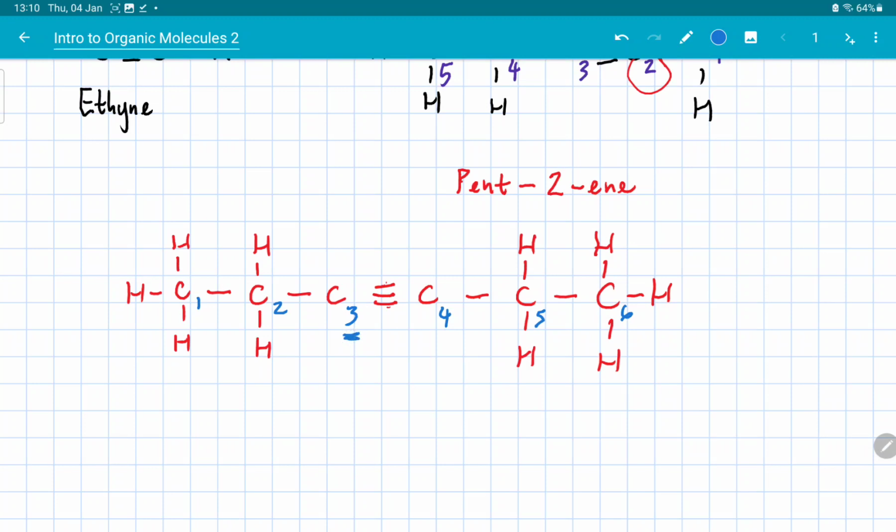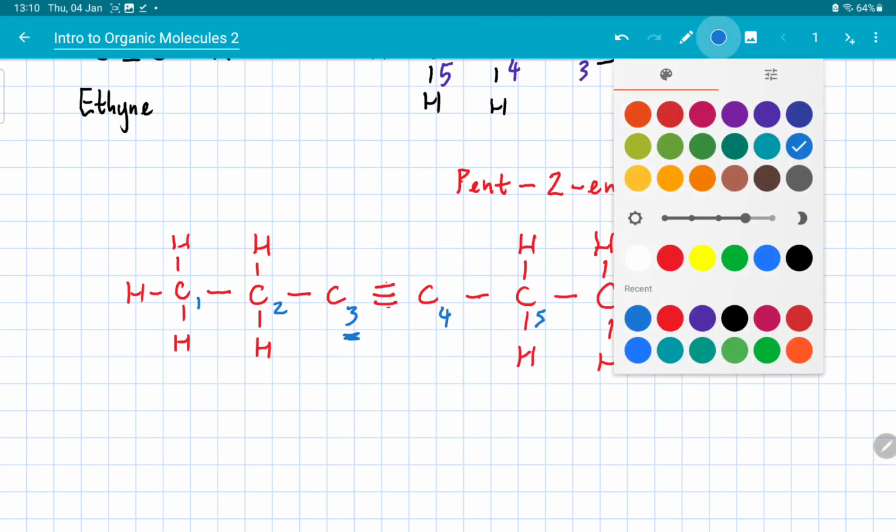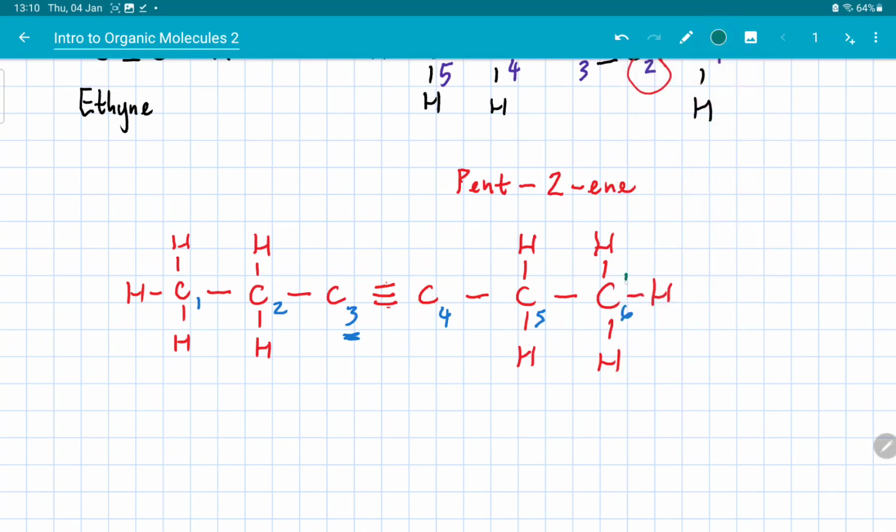Starting from the left, the first carbon to contain the double bond is carbon 3. Starting from the right, again it's carbon 3. It does not matter where I start, I get the same result.